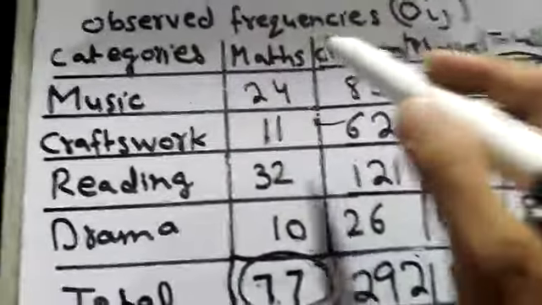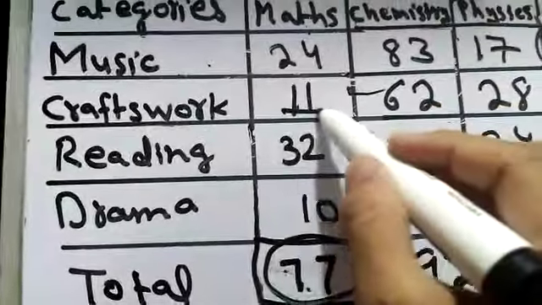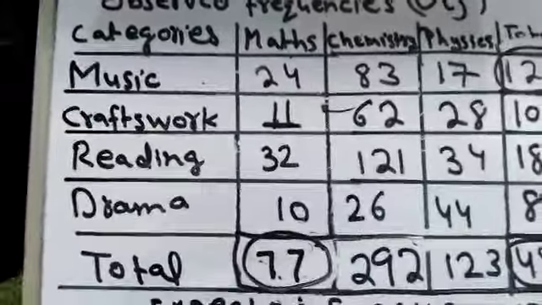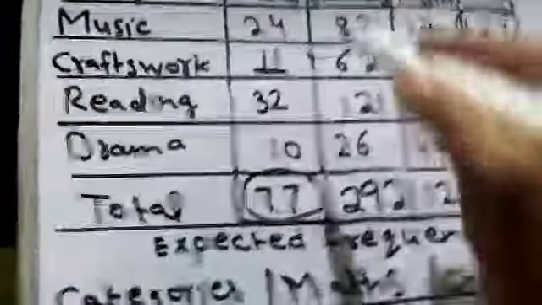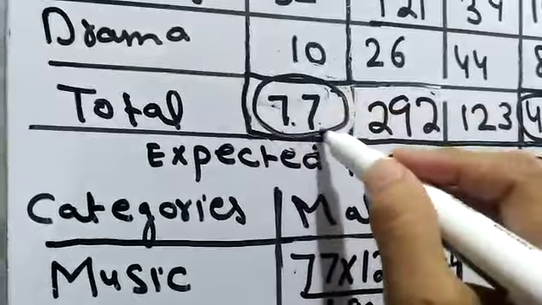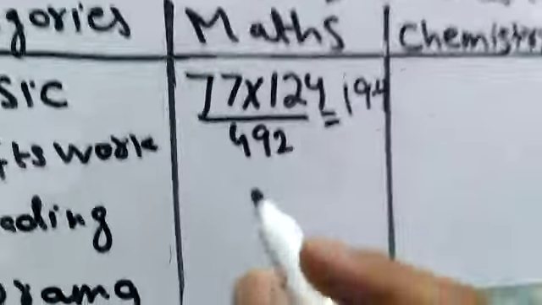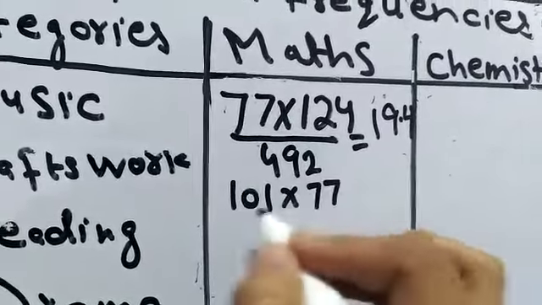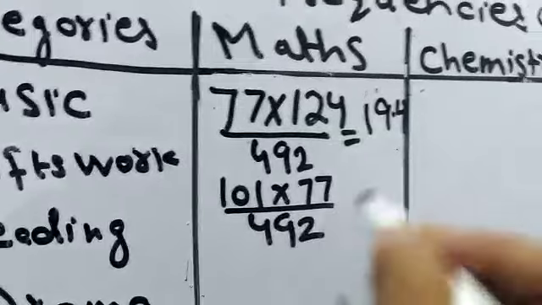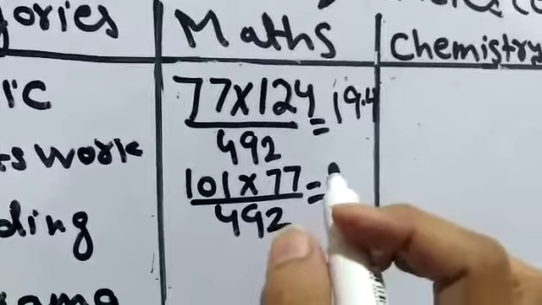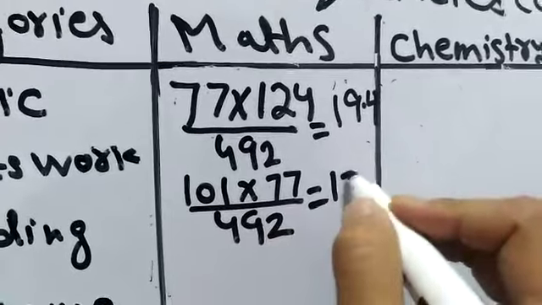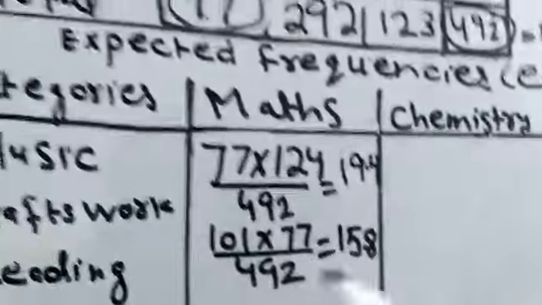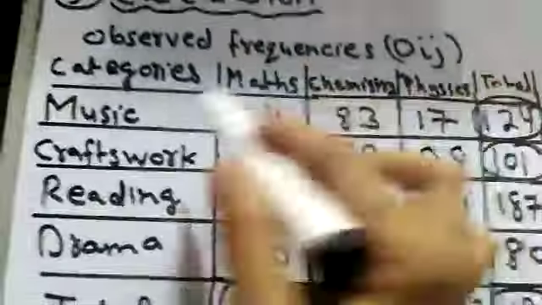Next, for craft work and for maths, against this observed frequency, we will calculate the expected frequency. How? Total of maths is again 77 and total of craft work is 101. This means 101 multiply 77 divided by 492. The answer is 15.8.